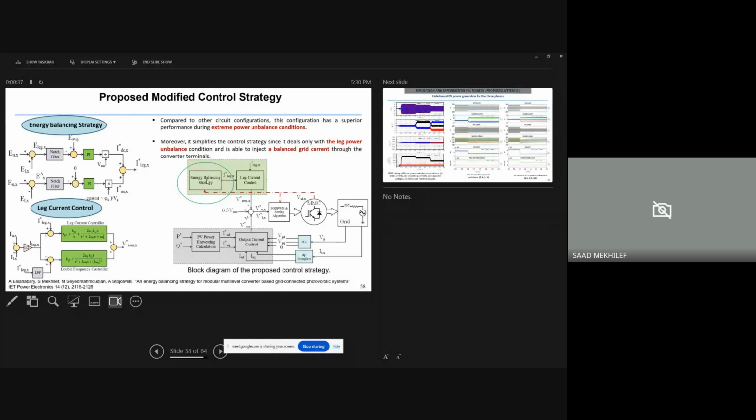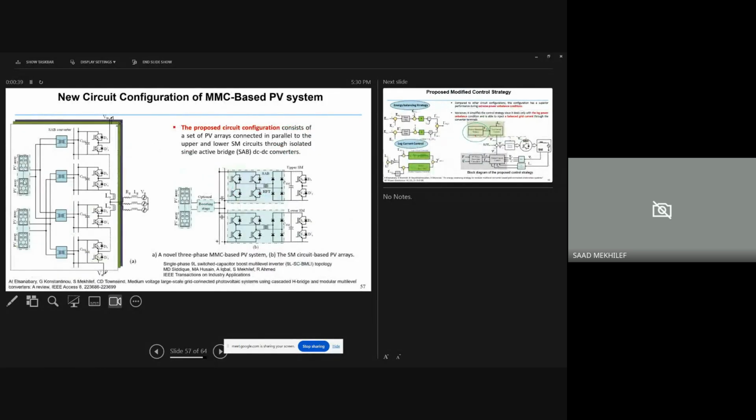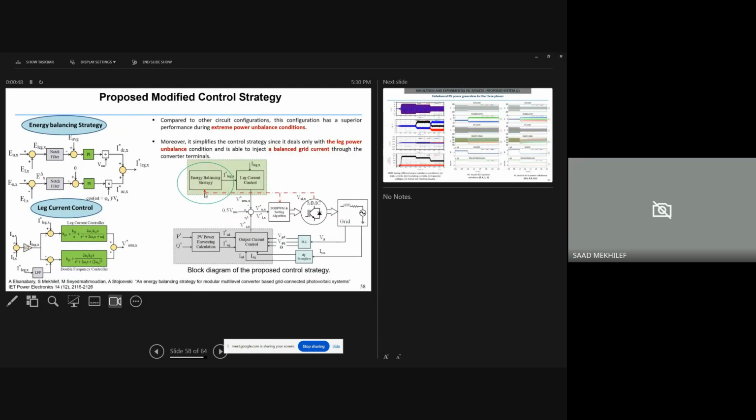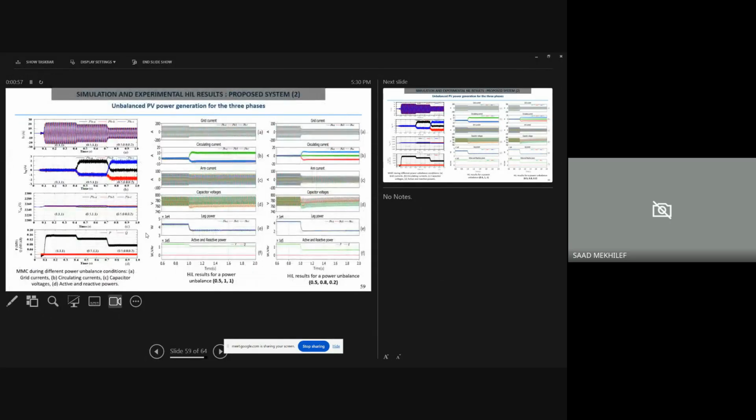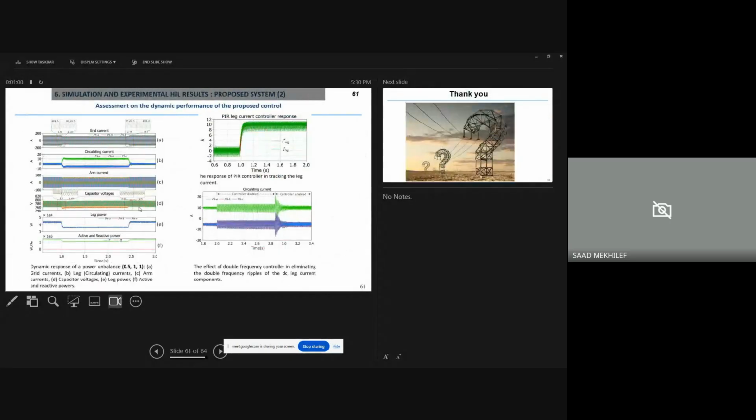One is energy balancing, because you have systems supplied by two sources. Maybe one part is shaded and another one is not shaded. So we address the energy balancing problem with this energy balancing strategy, and then we test the system's dynamics and performance.